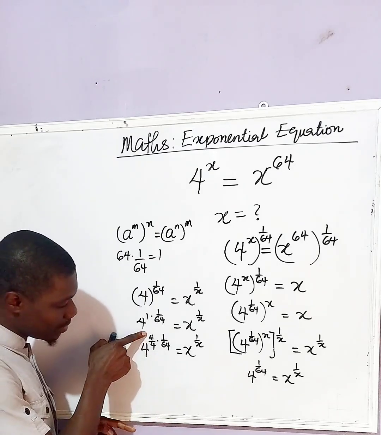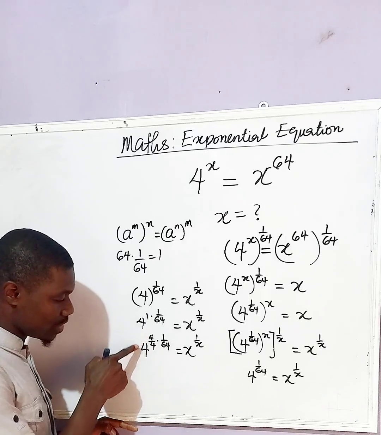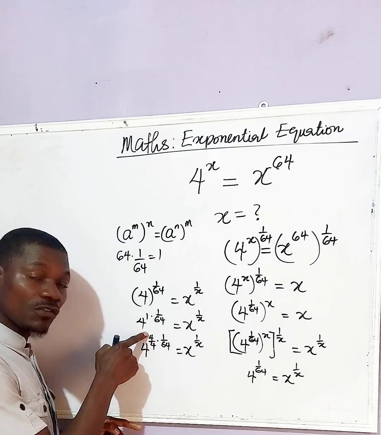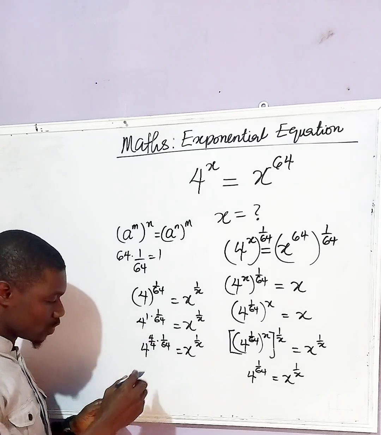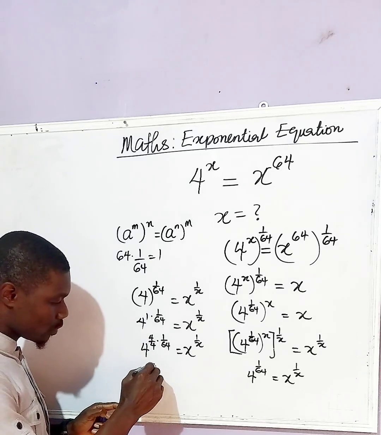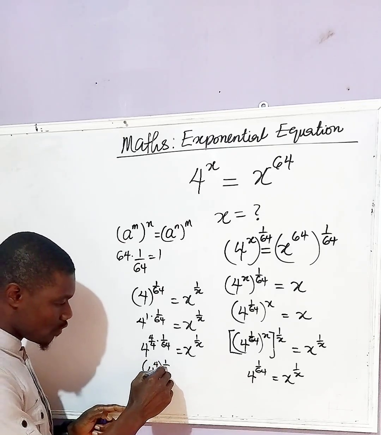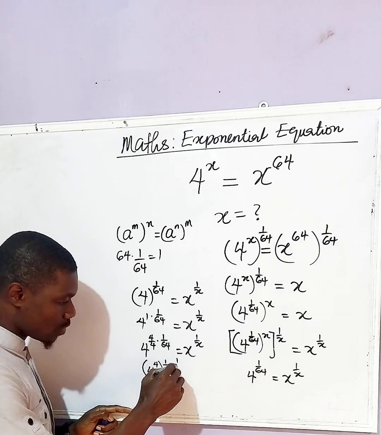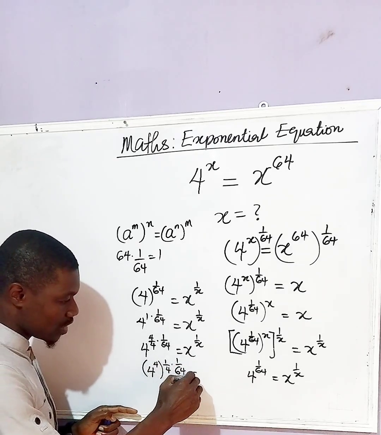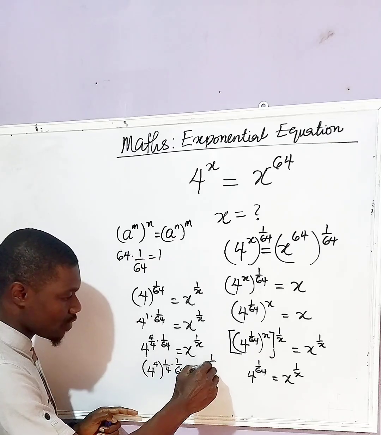And the numerator here, 4 raised to the power of 4. Splitting this, 1 all over 4 times 1 all over 64 gives x raised to the power of 1 over x.